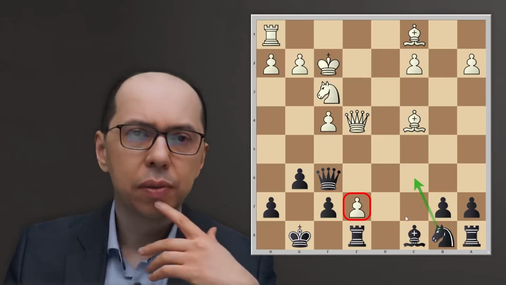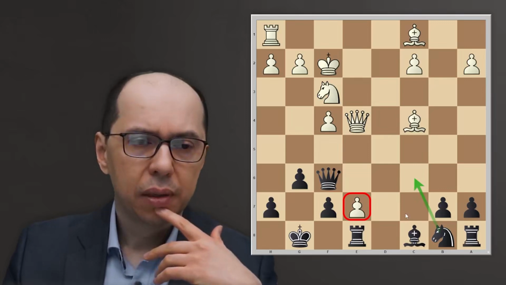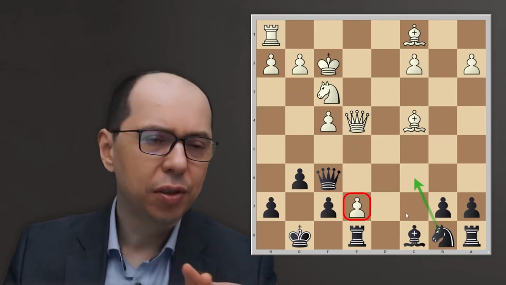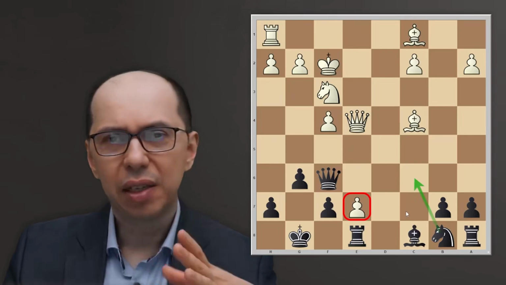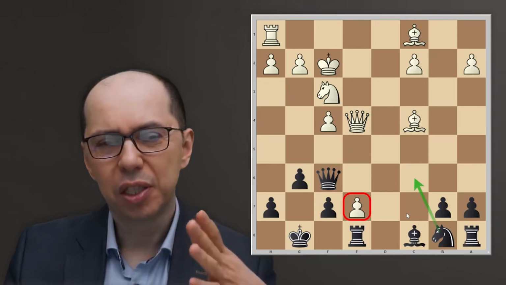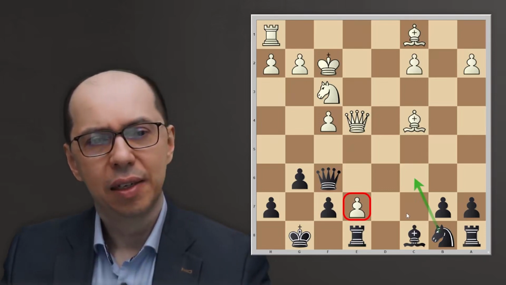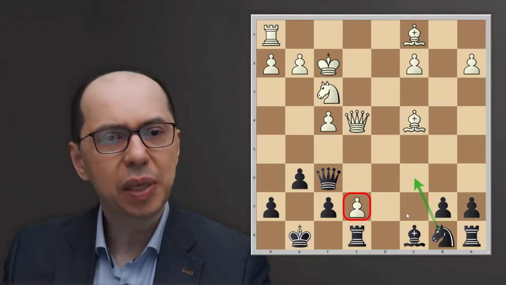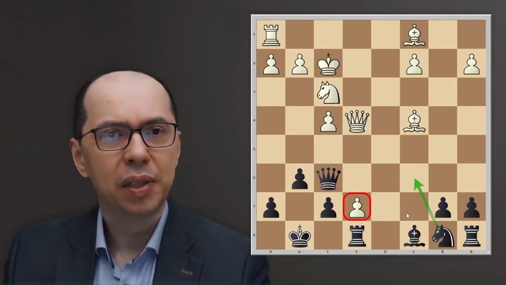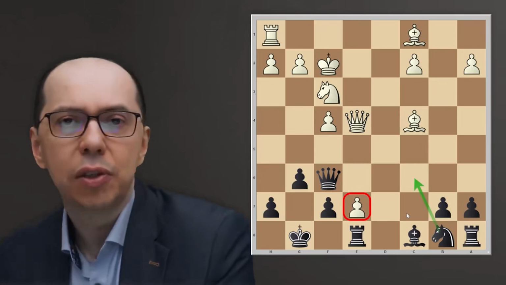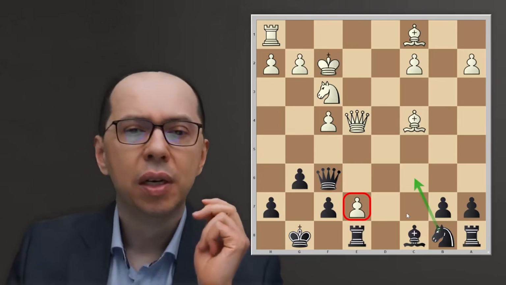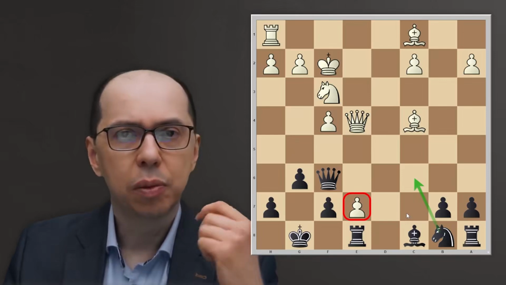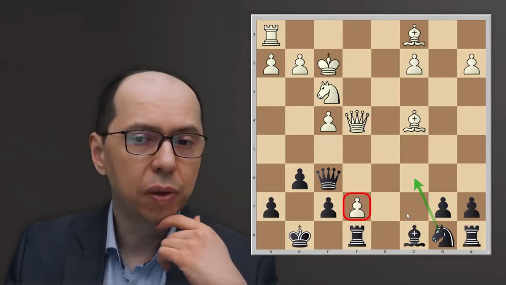I did not want to just turn it into a theoretical course where we just analyze existing lines, especially in places where alternatives exist and we can do something fresher, something newer, something maybe more surprising for our opponent.